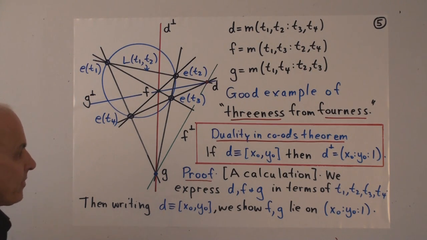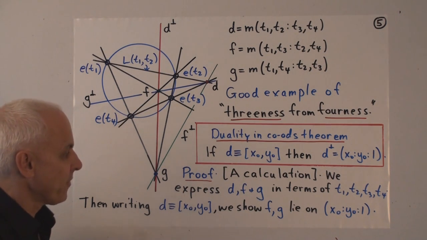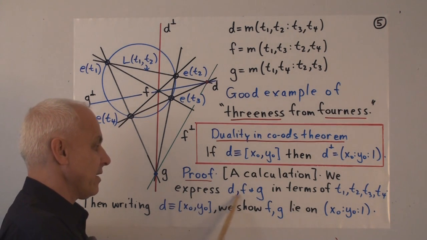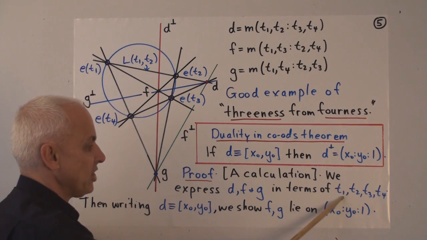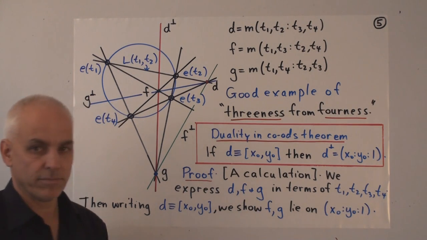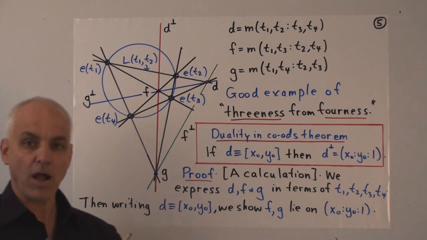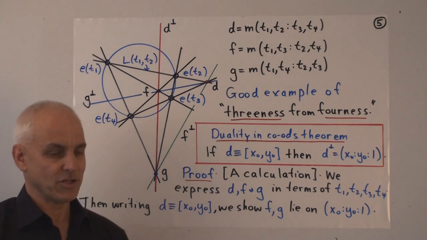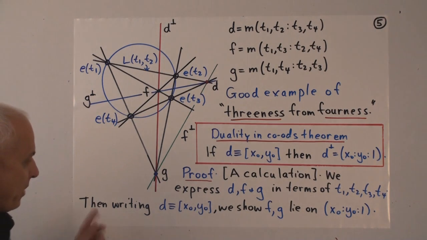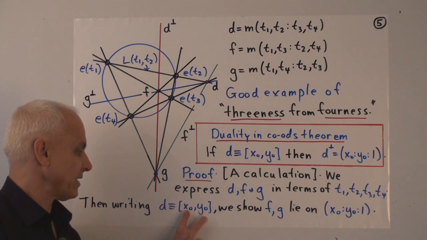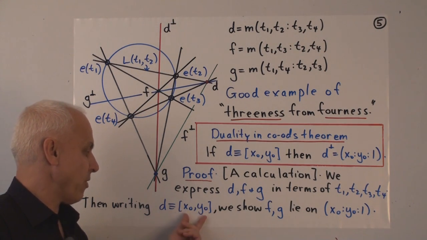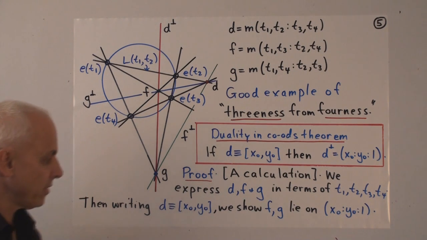Here's the idea of the proof: we're going to express D, F, and G in terms of T1, T2, T3, and T4. We know exactly how to do that using that rather long expression on the previous page. Then we're going to write D equal to x0, y0, calling the 2 components of D x0, y0.